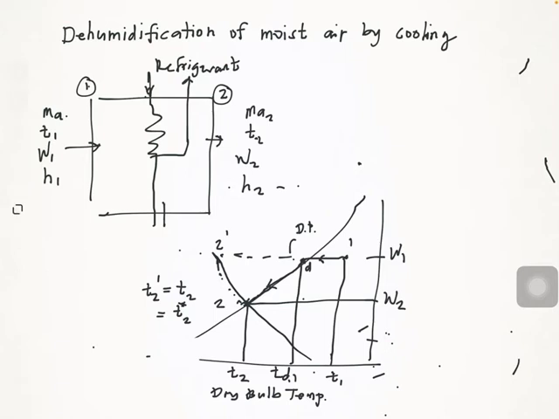Moist air is cooled below its initial dew point temperature. We assume that the air is uniformly and perfectly contacted, which is an idealized situation. Moisture will be separated at a variable temperature ranging from the initial dew point to the final saturation temperature. Let us assume that all of the condensed moisture is brought to the final temperature T2 before it drains from the system.